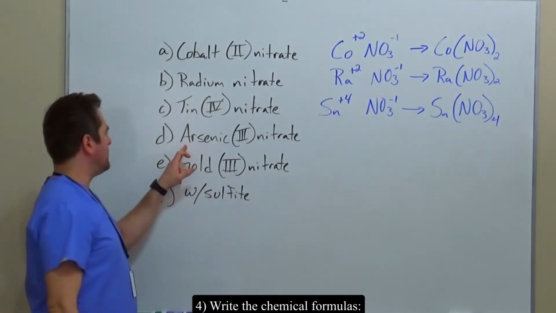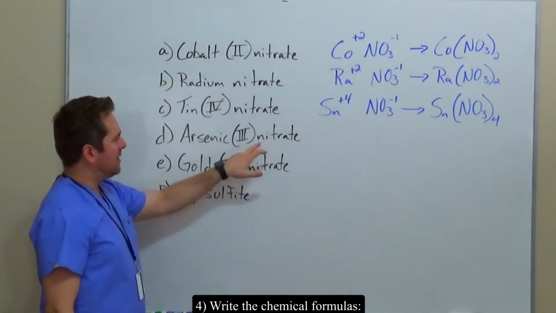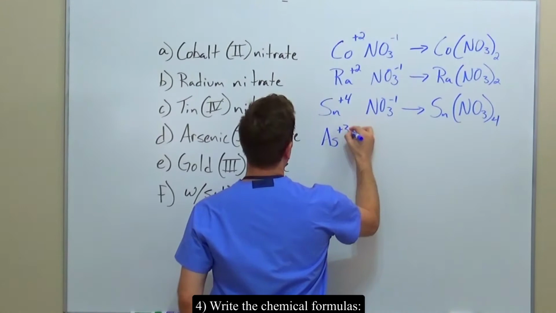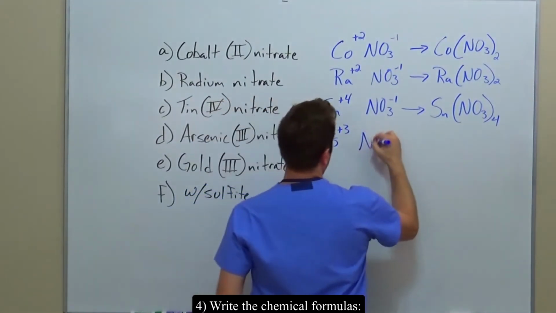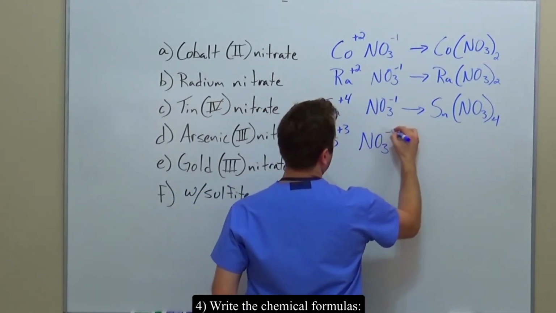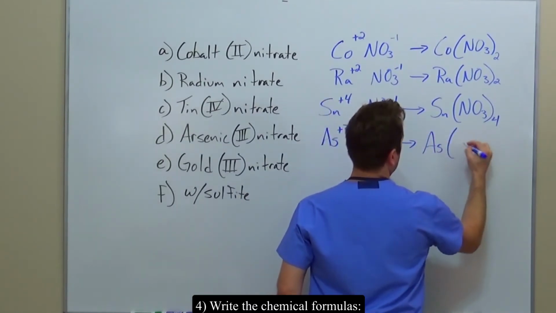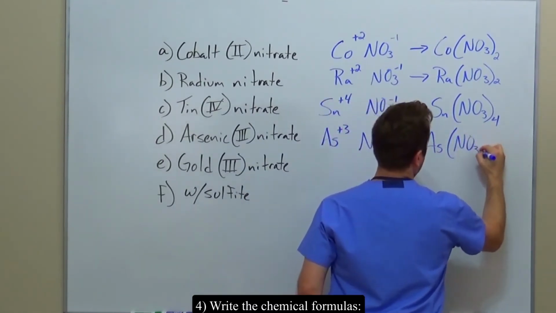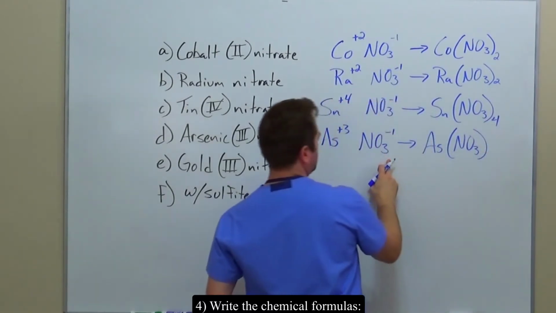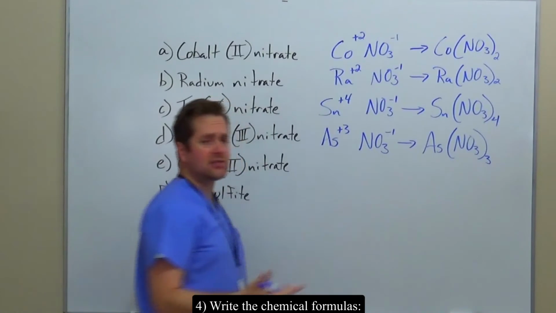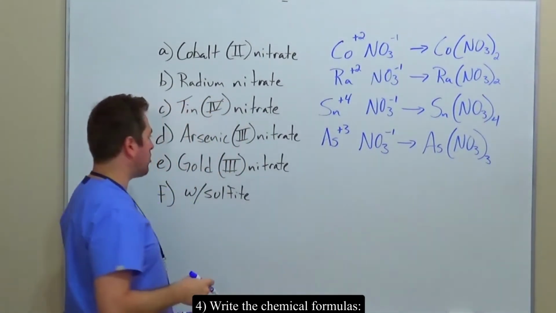All right, letter D, arsenic-3 nitrate. So we got arsenic with its +3 charge. We got each of our nitrates with a -1. So it's the same story. We have got to use parentheses. How many of them do we need? Well, we need 3 nitrates to neutralize the +3 charge on the arsenic.